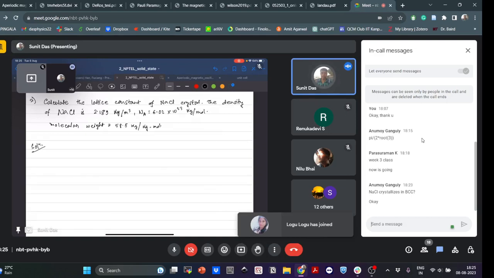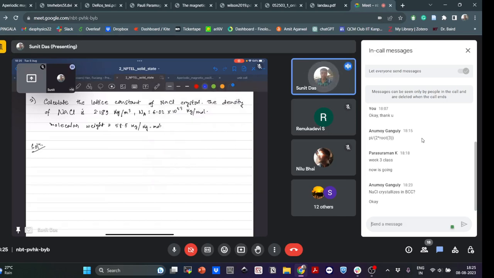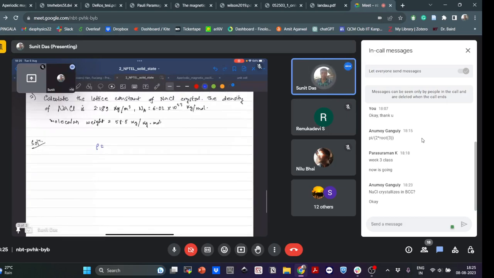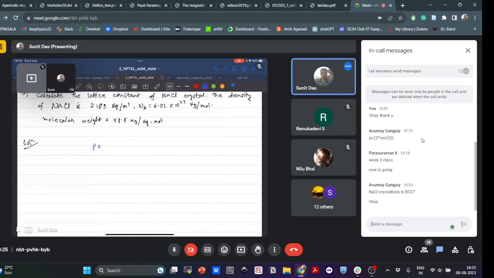Okay. So let me solve it. So just a simple application of formula will do the job. So we know the density within a crystal, or let's say unit cell, is given by N M by A cube Na, right?